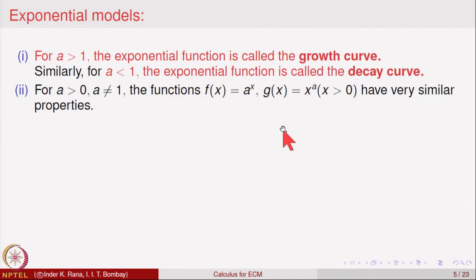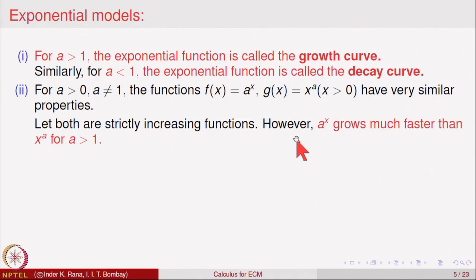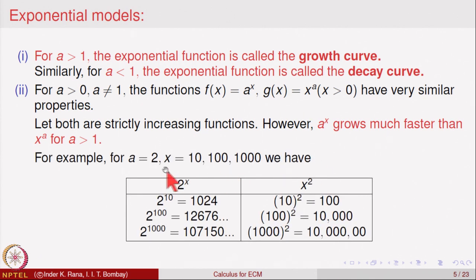Both are very similar functions, as we have seen: a raised to power x is an increasing function, x to the power a also is an increasing function. But there is a difference between the two, namely a raised to power x grows much faster than x to the power a. Just to give you an illustration, let us look at a equal to 2 and x equal to this number. Okay.